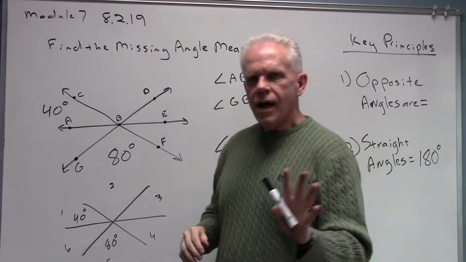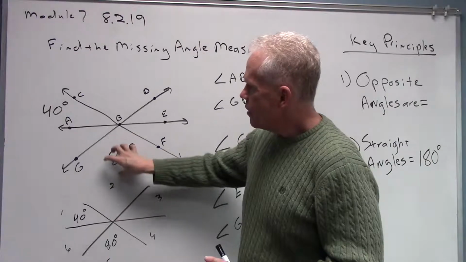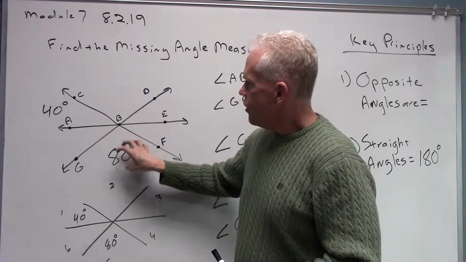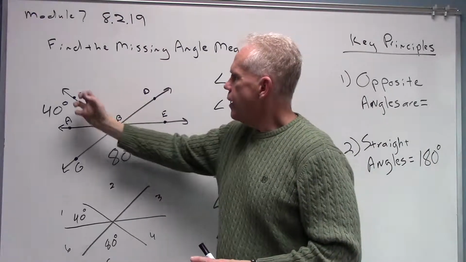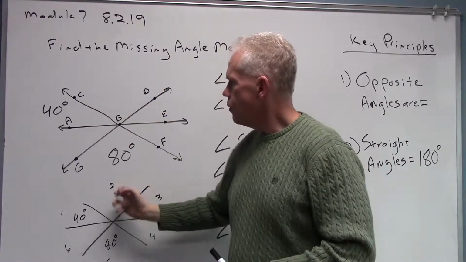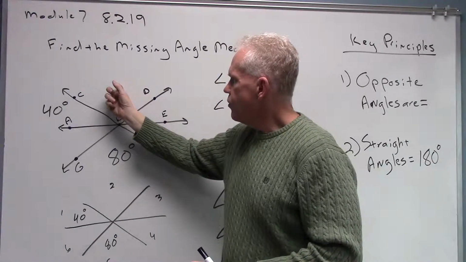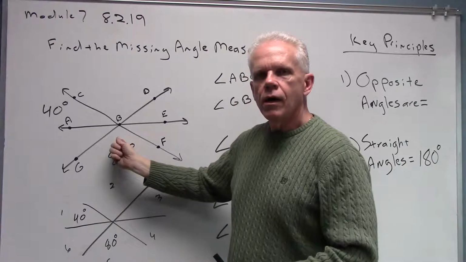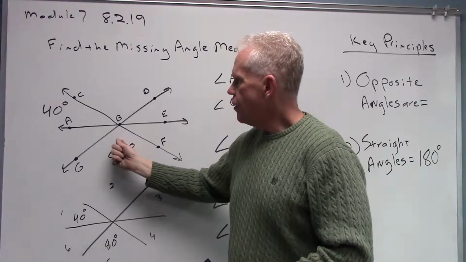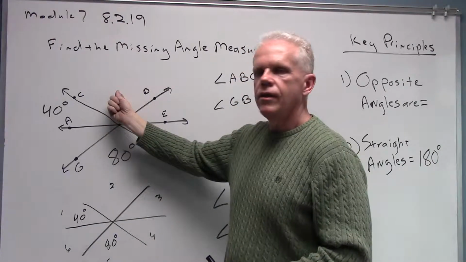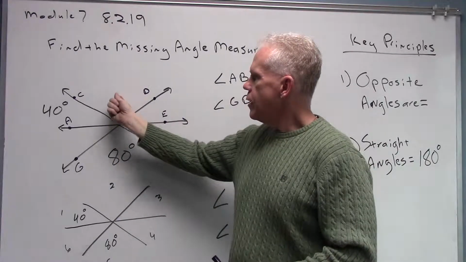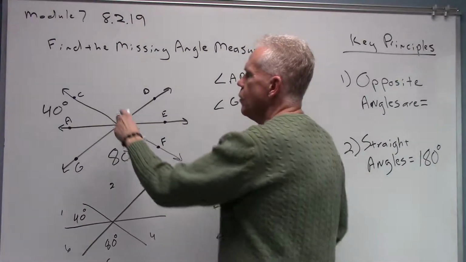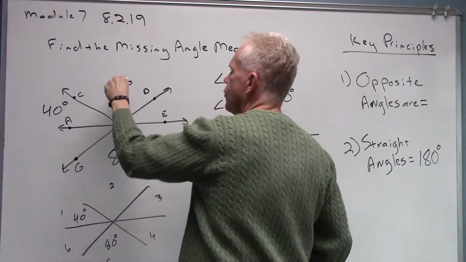A real clear opposite angle is this bottom GBF, or angle 5, which is opposite this top one, CBD, or angle 2. This angle is on the bottom in the center, and this is on the top in the center. So this angle equals this angle, and we can fill in 80 degrees right there.